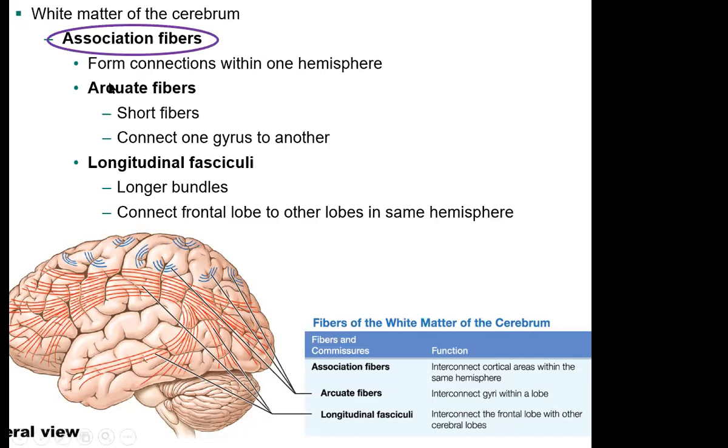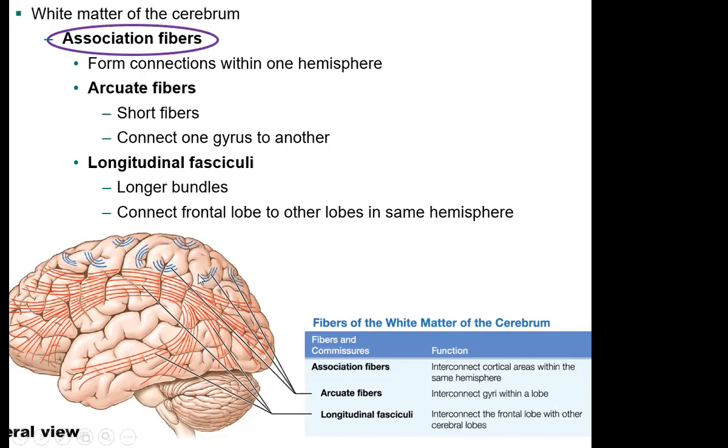There are 2 different types. The arcuate fibers are short and they make an arch. And then we have the longitudinal, which are going to be longer fibers. So the arcuate fibers, as you can see down here in the picture, it's these blue ones. And they're going to go from gyri to gyri. So that's why they're so short.